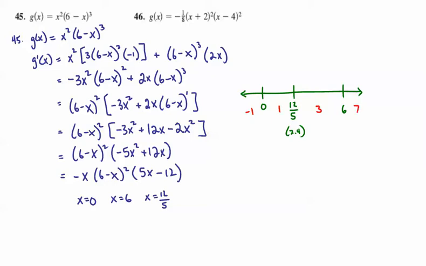And we'll plug these values into the first derivative and see what we get. We have -1, negative times negative is positive. Then 6 minus -1, that's positive also. And -5 minus 12 will be negative. So positive, positive, negative is negative. Plugging in 1, I have negative, positive, negative.